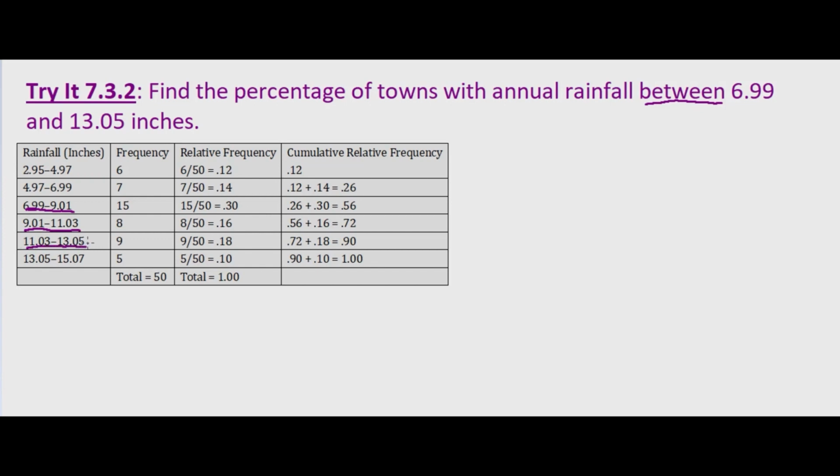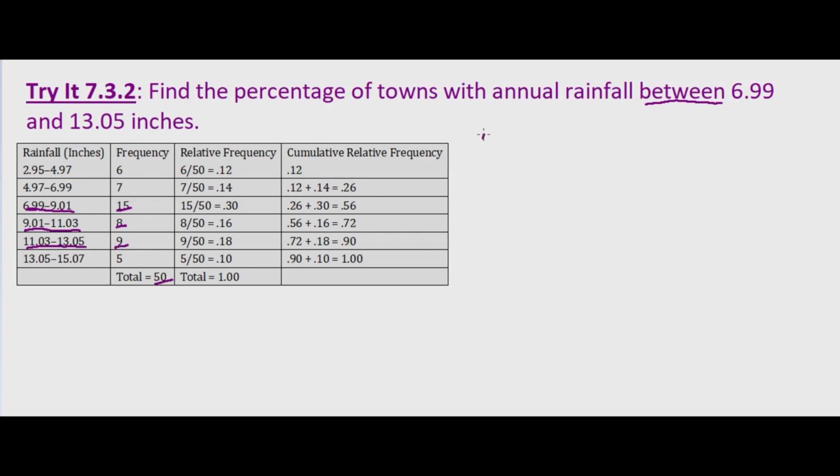And again, because of how we're given the information, there are several ways that we can go about this. The tried and true method is to just use the frequencies 15, 8, and 9 and divide by the total amount.